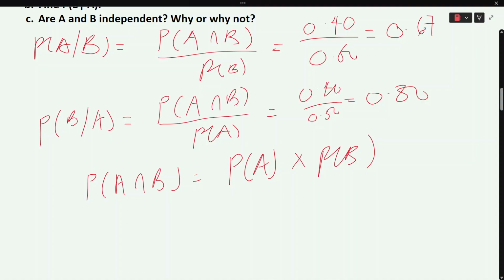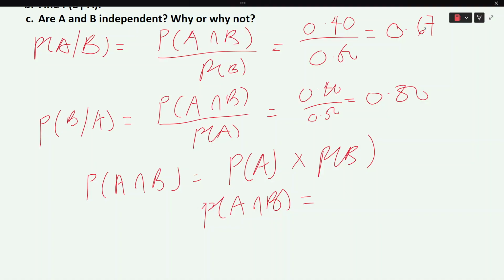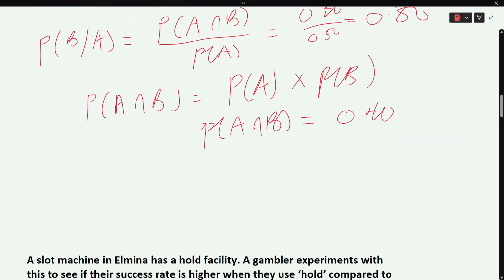Now we know that the probability of A intersection B was given as 0.40. Now let's find the product of these two.